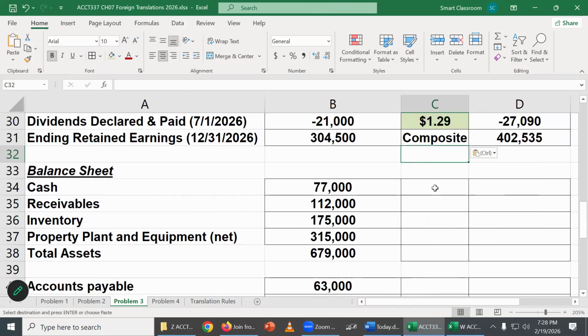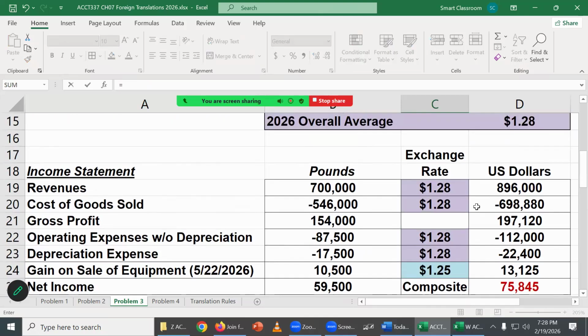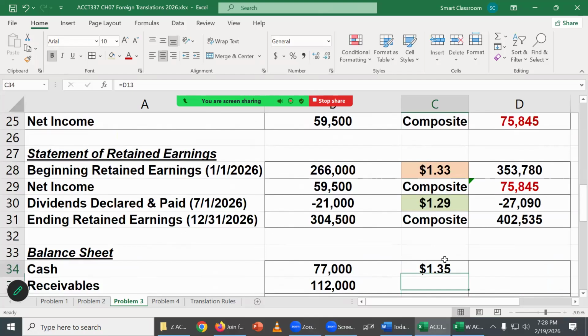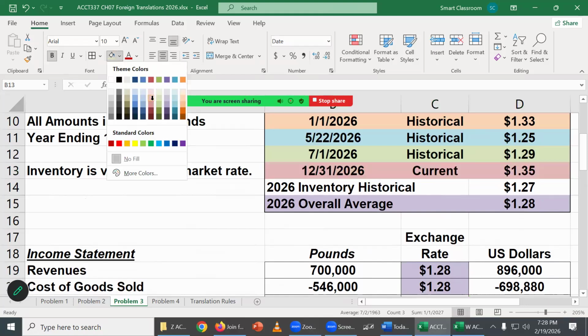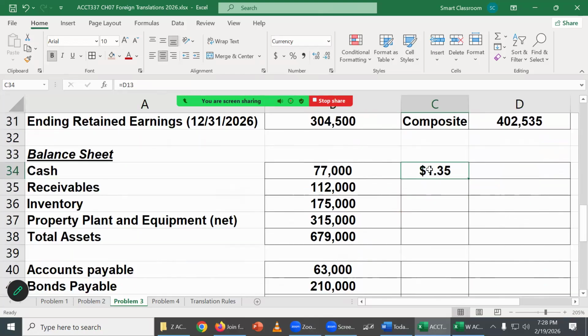Balance sheet. For the current rate method, it's really kind of fun to do because it's all the same amount. Going to be at the current. And although it says current, current really means year end. Not exactly sure why they call it current, but let's not worry about such things.